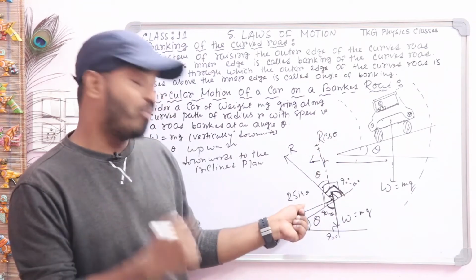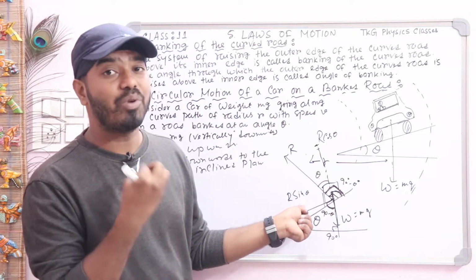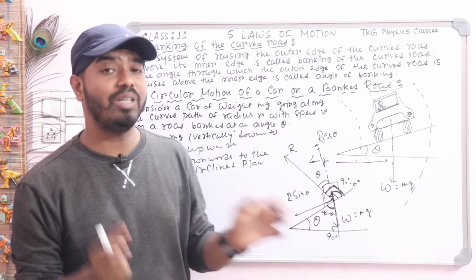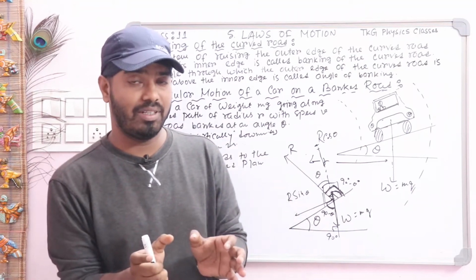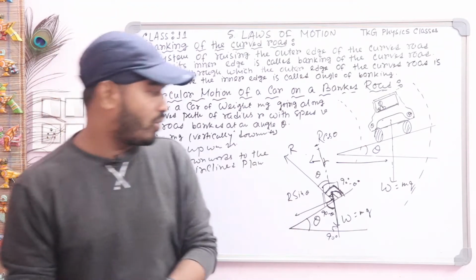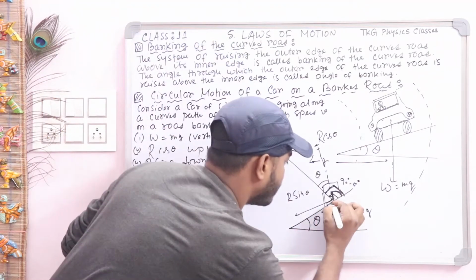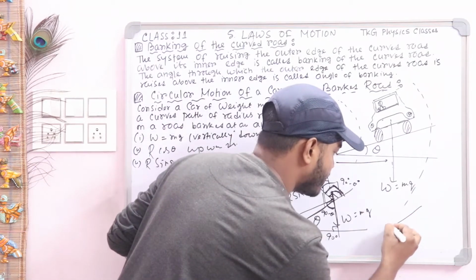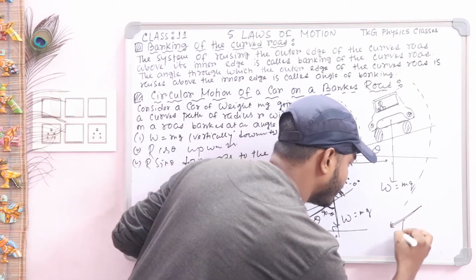So this component provides the centripetal force. Also, if the road is rough, there is friction also directed towards the center. So friction is directed this way. Make it separately. This is the friction.